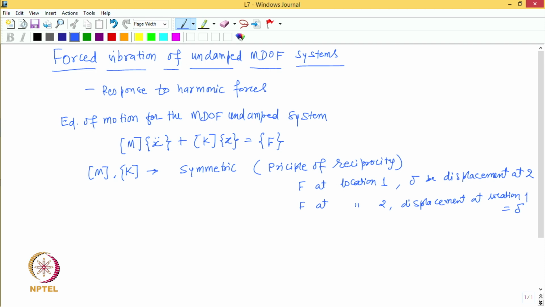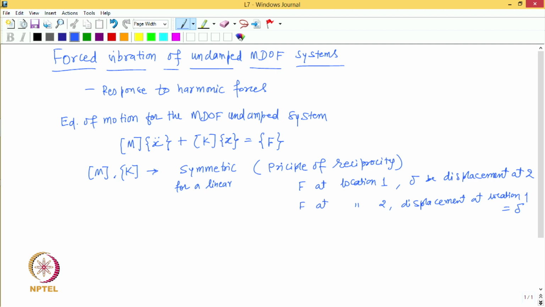So, that is in short the principle of reciprocity, and because of this the mass and stiffness matrices are symmetric. Of course, we are assuming a linear system. That is the assumption, in fact, as we stated in one of the lectures earlier, that we are going to make in modal analysis, that all systems are linear.